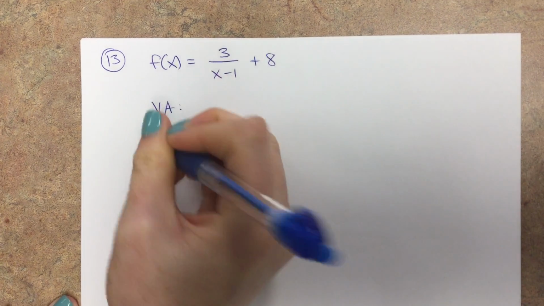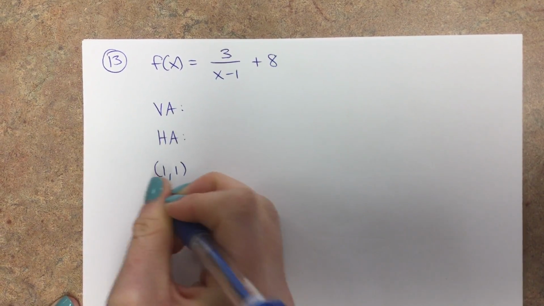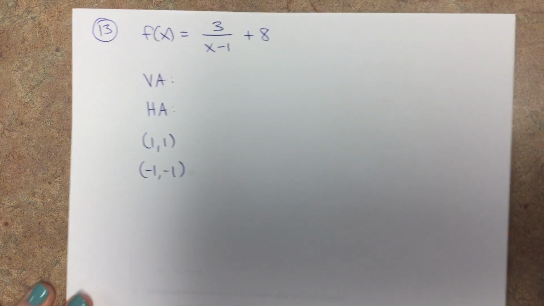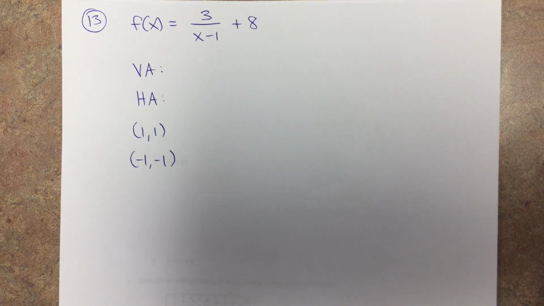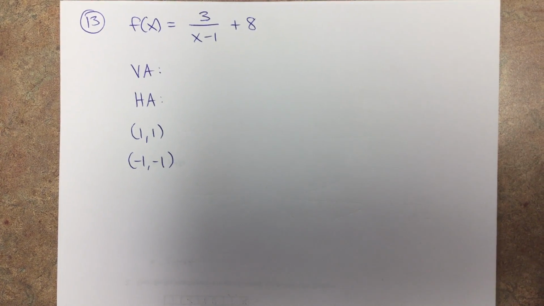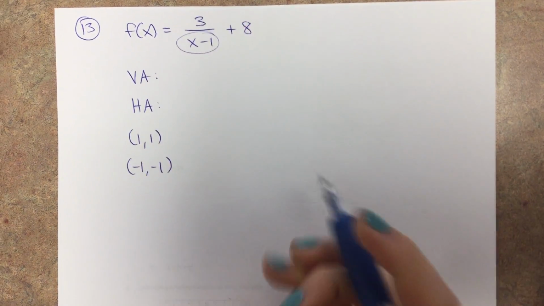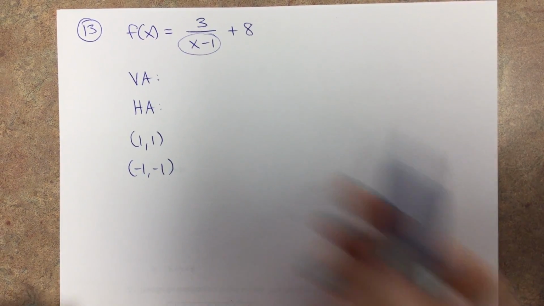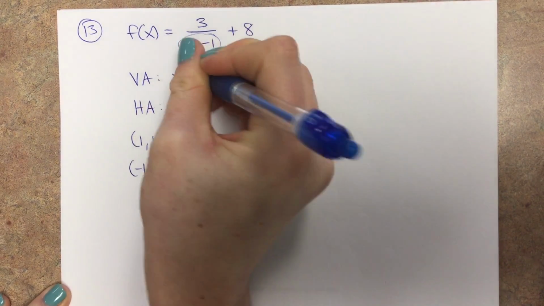You need the vertical asymptote, the horizontal asymptote, and then you're going to transform these 2 points. Vertical asymptote. What do we have? 1. Good. So the vertical comes from the denominator. You set the denominator equal to 0, which always means you've got the opposite of what you see down here. So the vertical would be x equals positive 1.